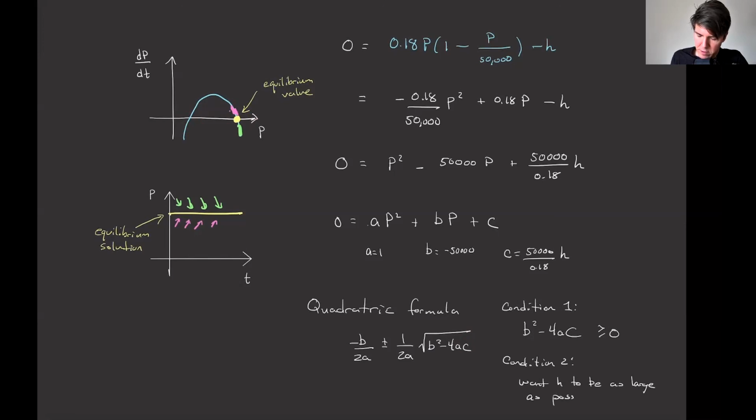So there's two conditions. One, you want to make sure this number here, again, it'll be filled in with different values based on what you entered, should be greater than or equal to 0. And then also, you want to make sure H is as large as possible because we want to harvest as much as possible.